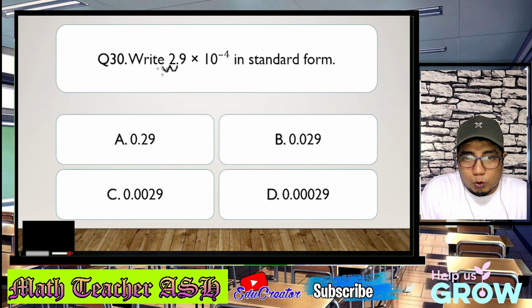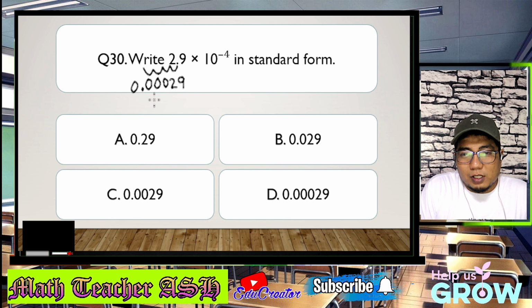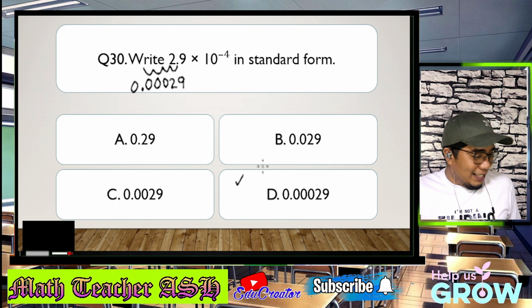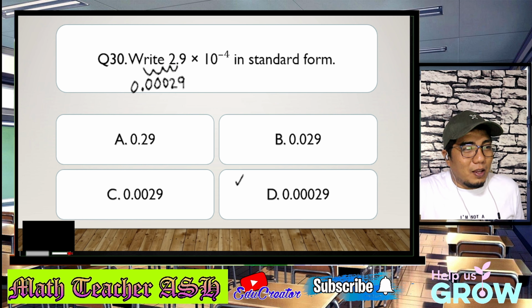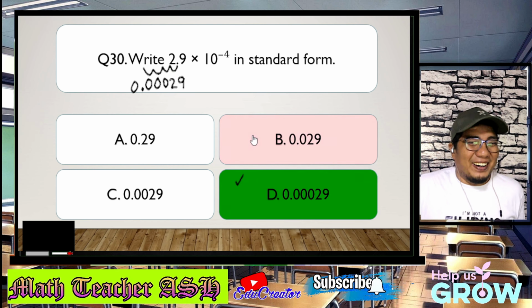So 1, 2, 3, 4. You just add 0 for the vacant places and then 2, 9. Of course, your decimal will be here. Now, if that is the decimal, then you just add 1 more 0 outside. So that will become this one. Letter D. I hope you got that one. Easy, right? Very easy, but let us check if we are correct.